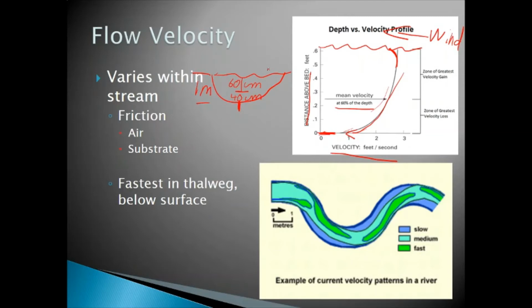But remember, the water over here would be slower than in the thalweg. If you take it to this graph, the shallower water would be right here. Your maximum in the deepest part would be over here, but in the shallower part, the maximum speed would be less.